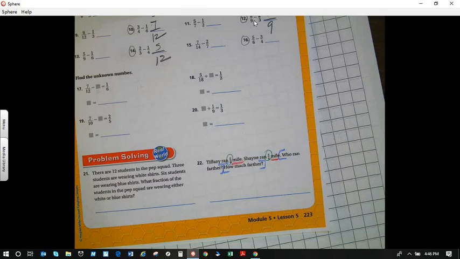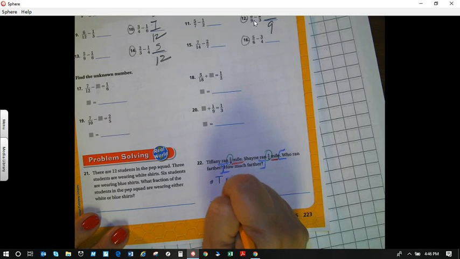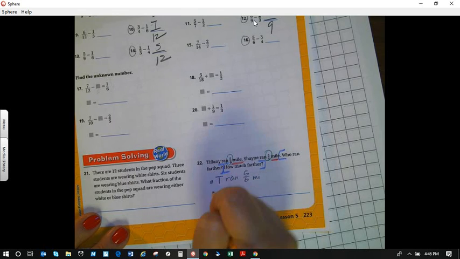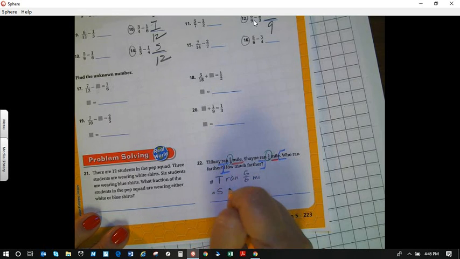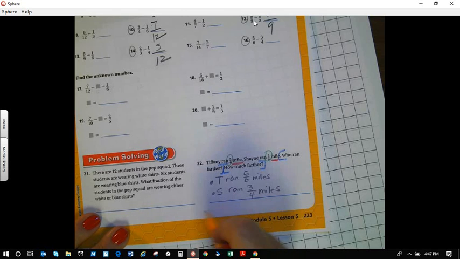Okay. Then I need to bullet my work. And I'm going to put T for Tiffany, ran 5/6 miles. And S for Shane, ran 3/4 mile. First question is who ran blank? So blank ran farther.